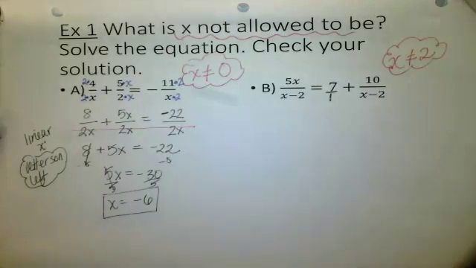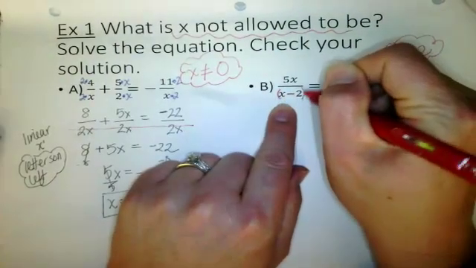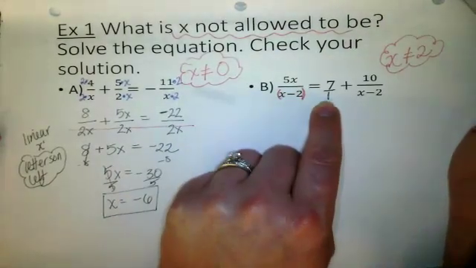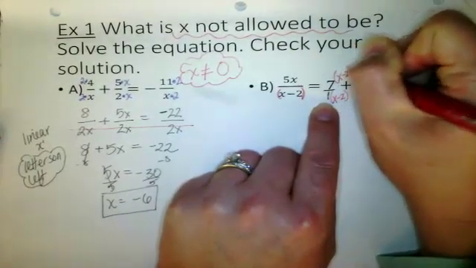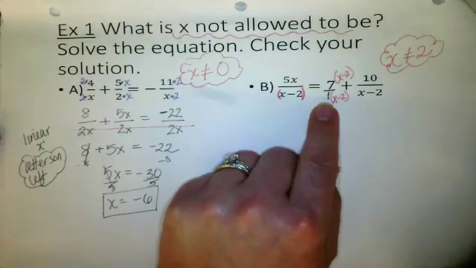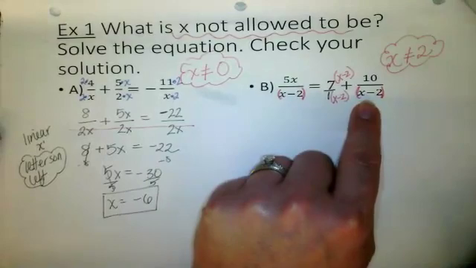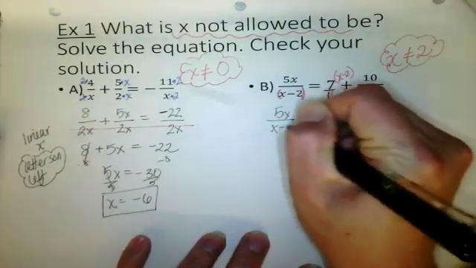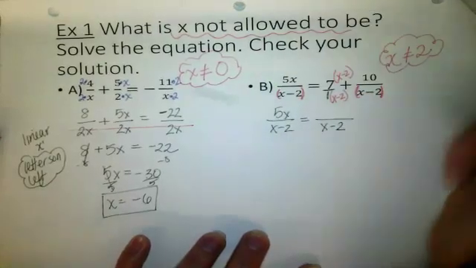Now I just need to make all my denominators match. This has a denominator of x minus 2. That's a great factor. This only has a 1. What should I do to make it match? Multiply by x minus 2 on top and bottom. This fraction already has the x minus 2, so I don't need to do anything. That gives me 5x over x minus 2 equals what over x minus 2?